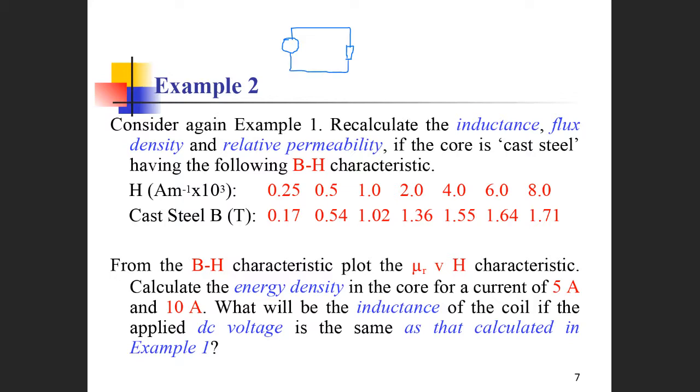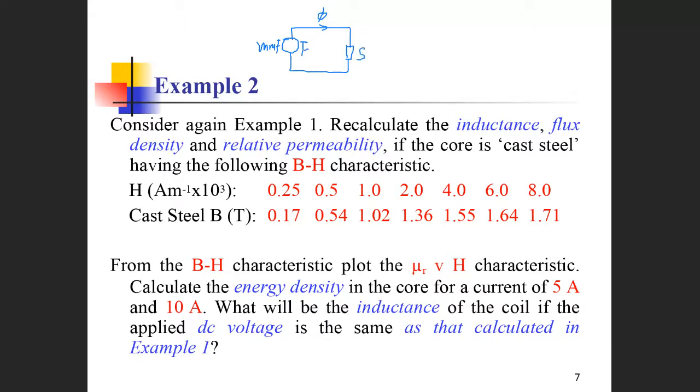On the circuit, we have the so-called flux. Here is the magnetomotive force, which is F. This is the reluctance.